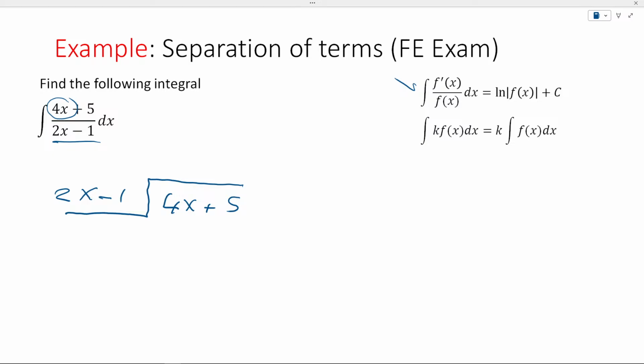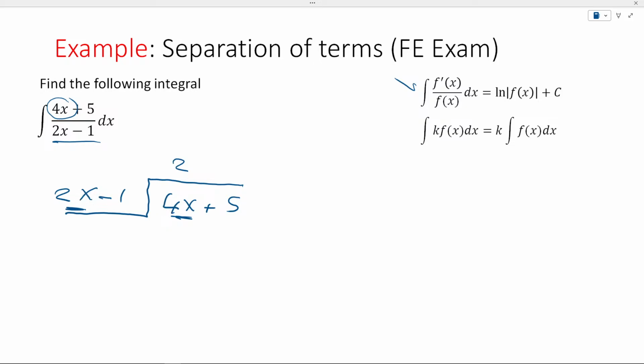So if I divide 4x by 2x, what do I get? I get 2. So 4x divided by 2x, you get 2.